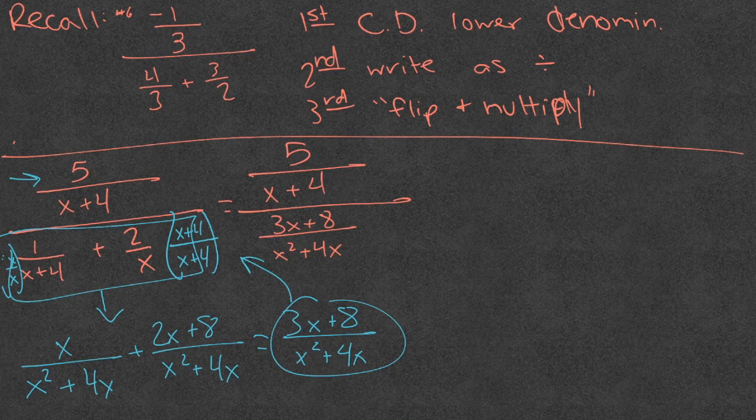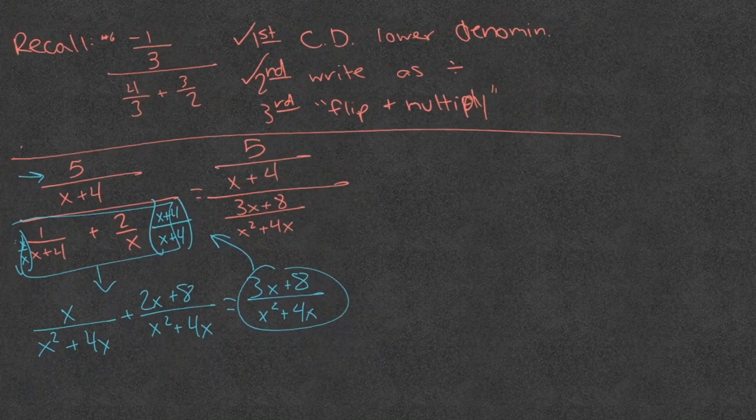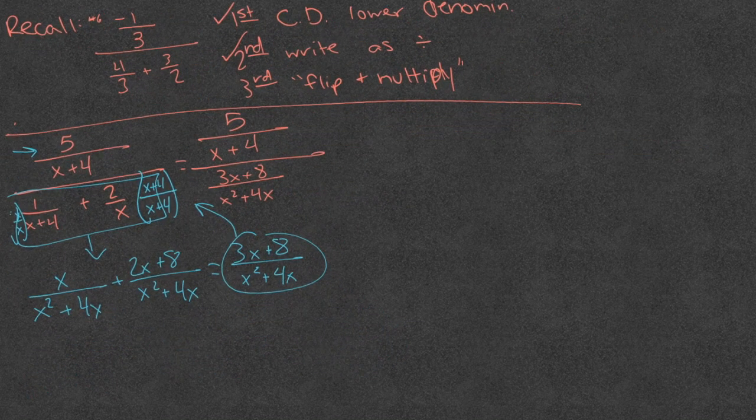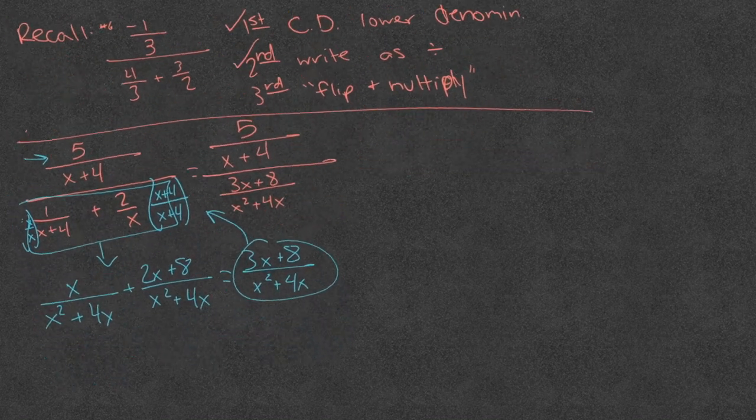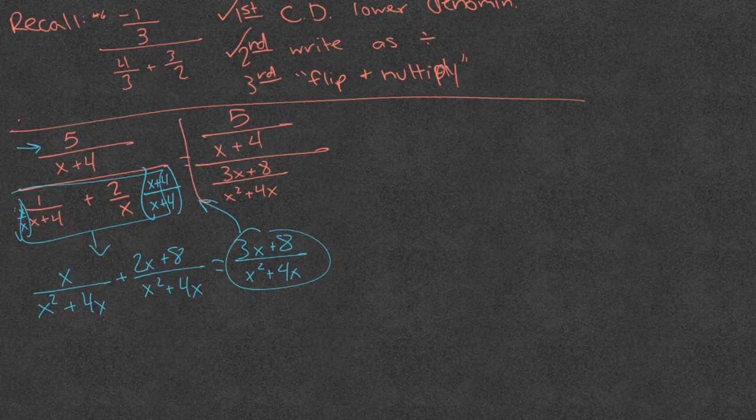Now we're going to rewrite this as a division problem. Technically, we just solved that first step, and now we're going to be writing it as a division. So let me minimize this a little bit so I have more space. I need to take this and rewrite it as a division problem. My work is slightly messy today, so I apologize.